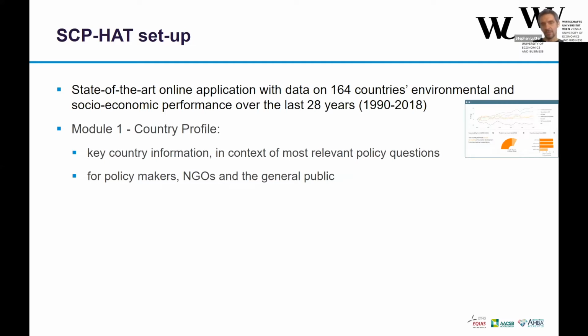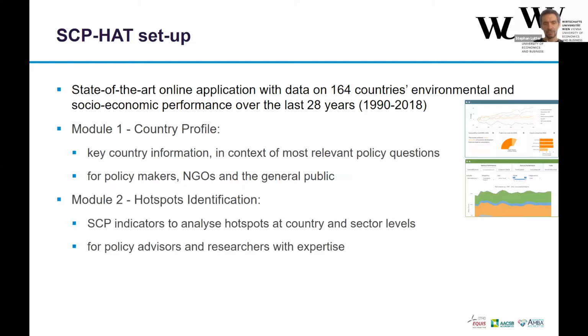And this is, as I said, for policymakers, NGOs, and the general public. If you want to go more into detail, you go to module 2 on the hotspots identification, where you have a large variety of SCP indicators to analyze different hotspots of a country and at sector level. This is already for more specialized people like policy advisors or researchers.